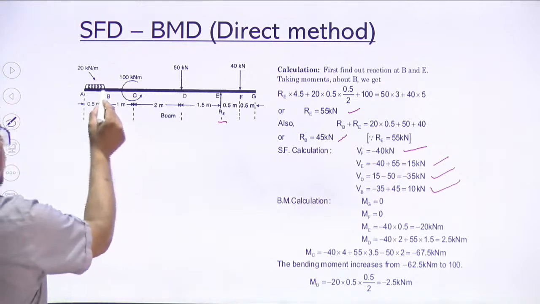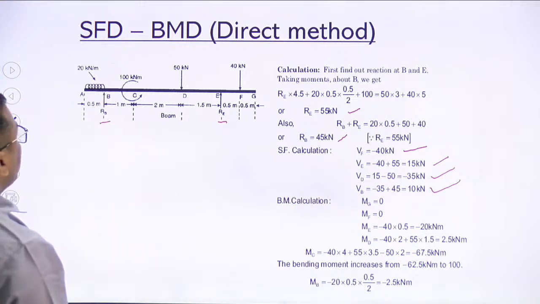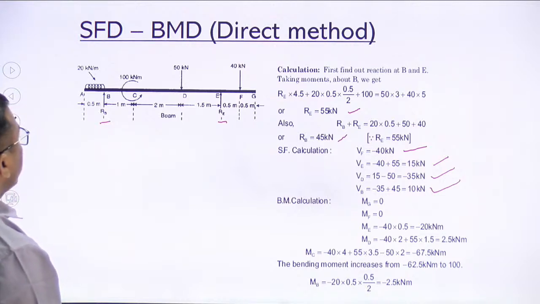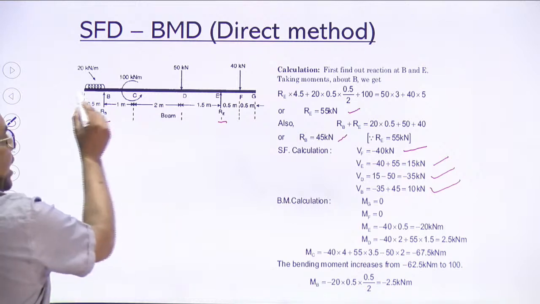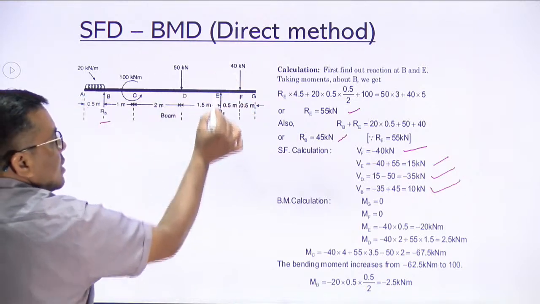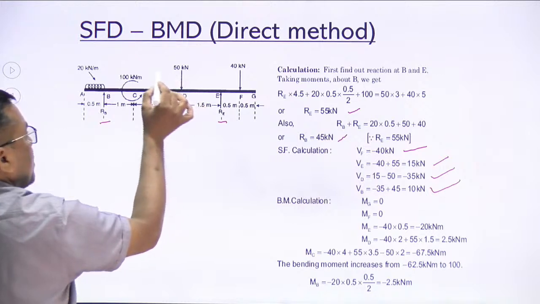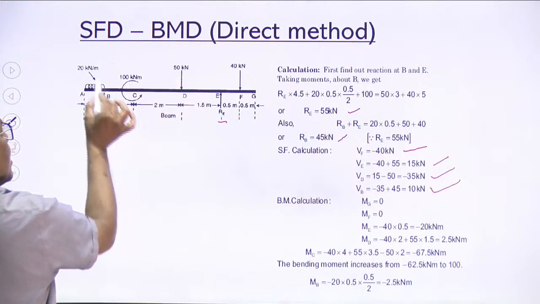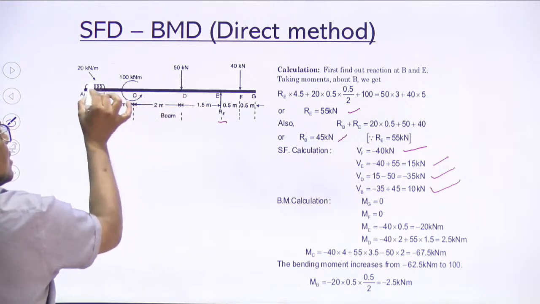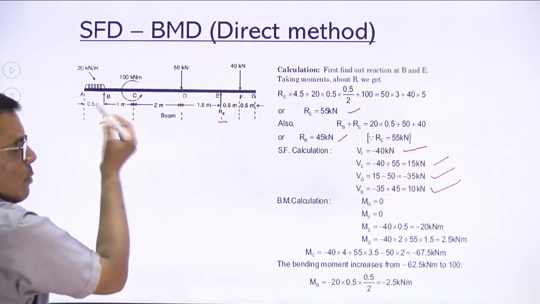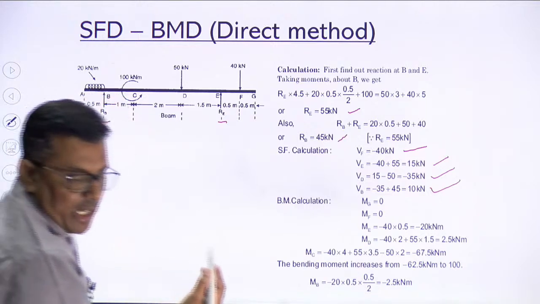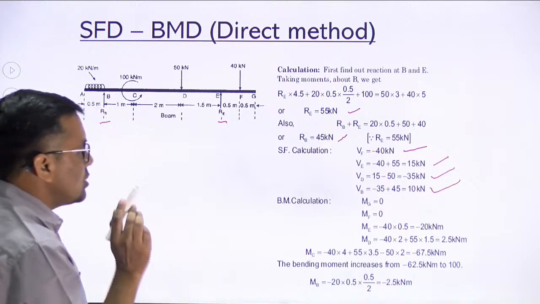Then from point B to A पर भी calculate कर सकते थे. Yes, we can calculate up to A also. So A minus 40 plus RE minus 55 plus RB, and how much it is? UDL 20 into 0.5. So I hope it is coming out 0. It is coming out 0.